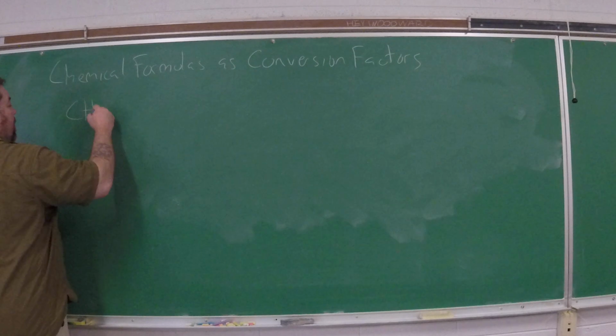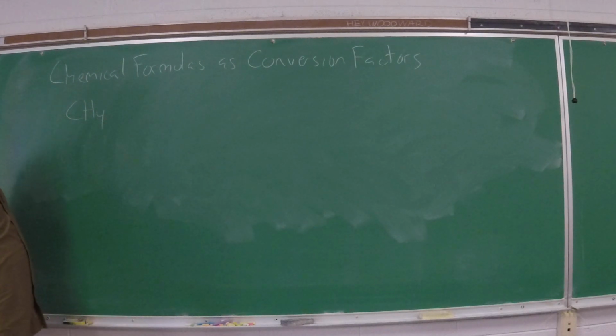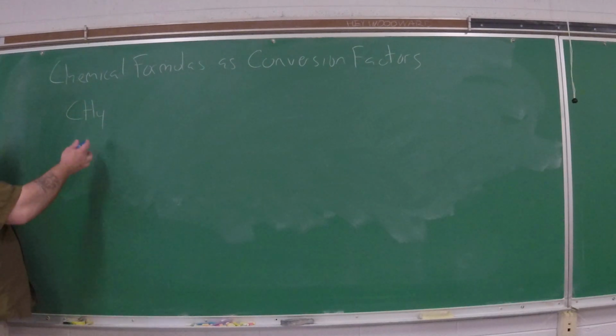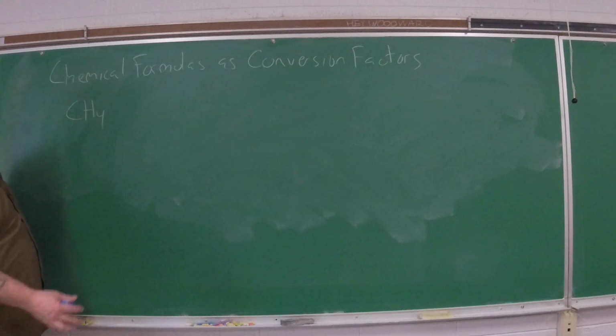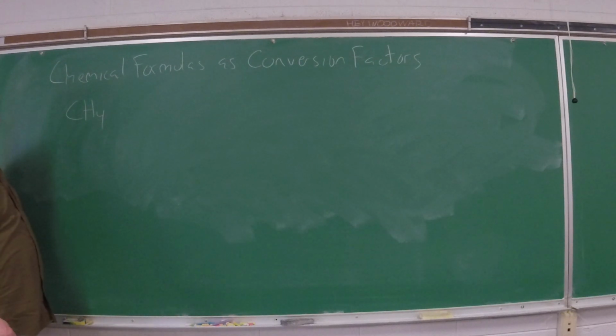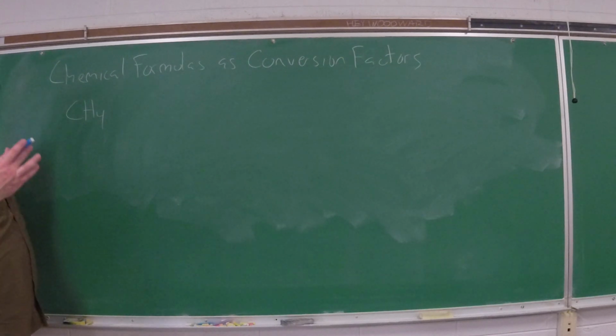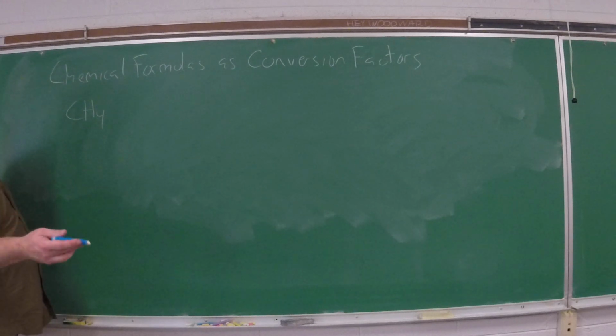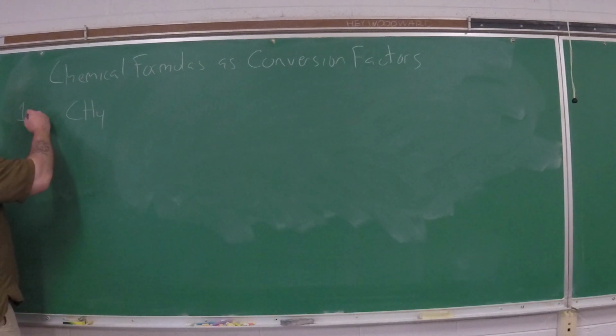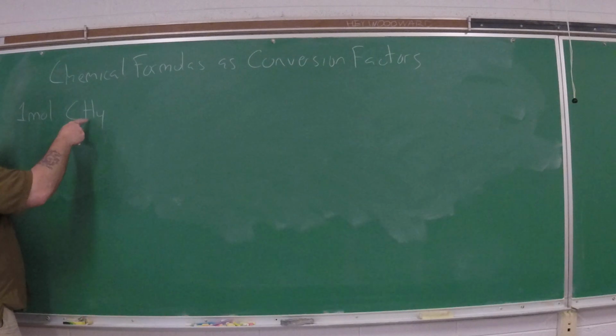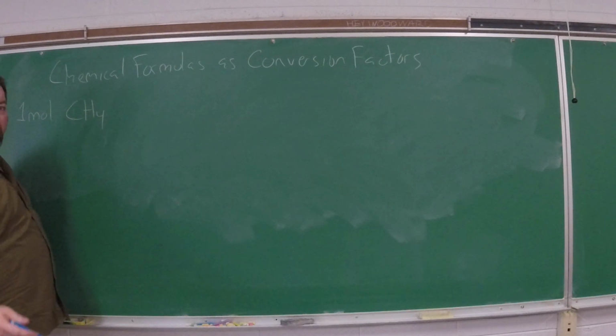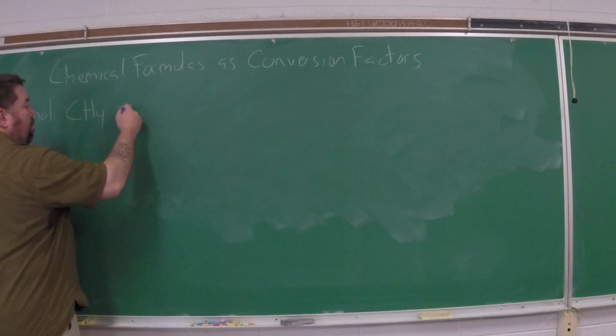If we take a look at CH4, okay? For every CH4 molecule, how many hydrogen atoms do you have? You have 4, okay? But I want us to think in terms of moles. So for every 1 mole of CH4, how many moles of hydrogen are there? There's 4.